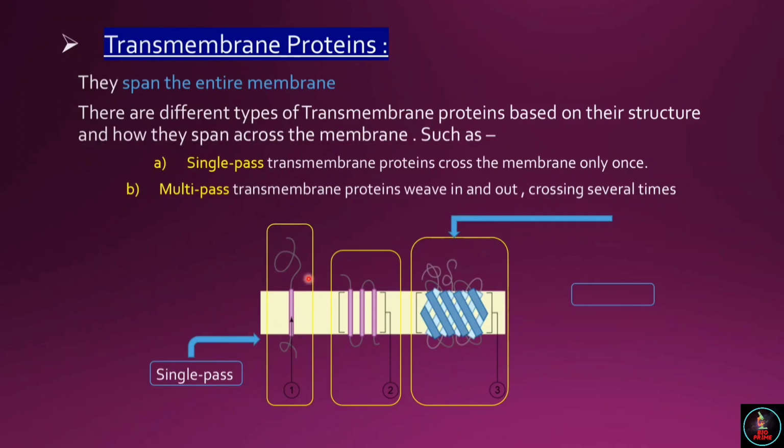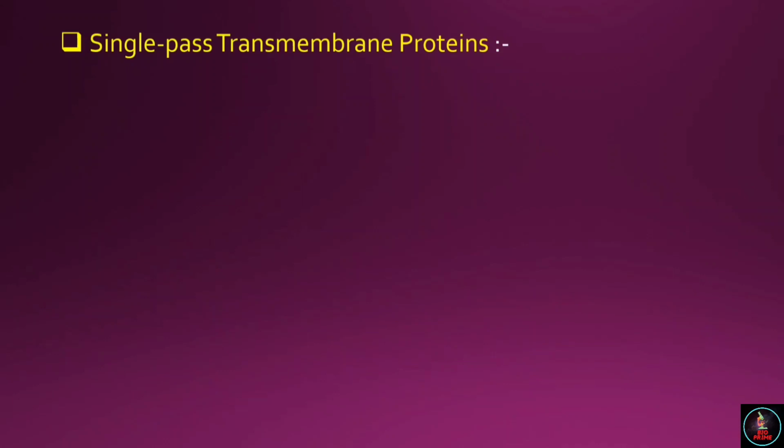The first, the single pass transmembrane protein, crosses the membrane only once. And this second one is the multi-pass. Multi-pass transmembrane proteins wave in and out, crossing several times. Now going to the next slide.